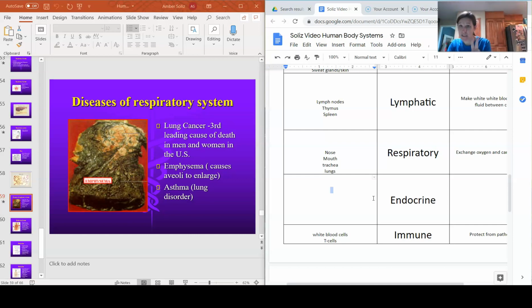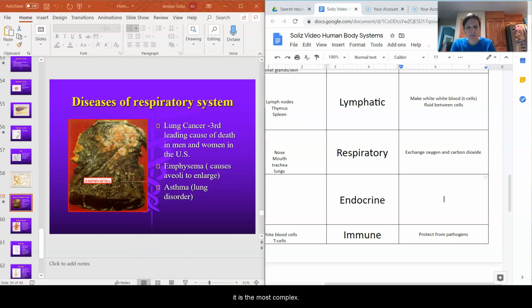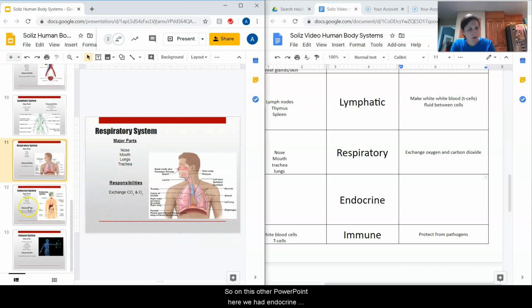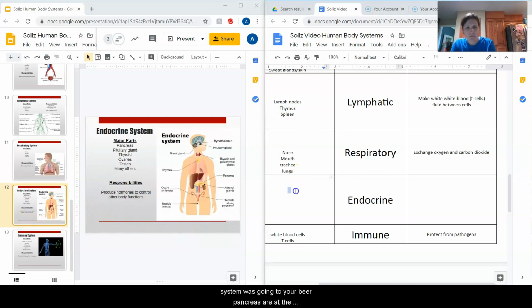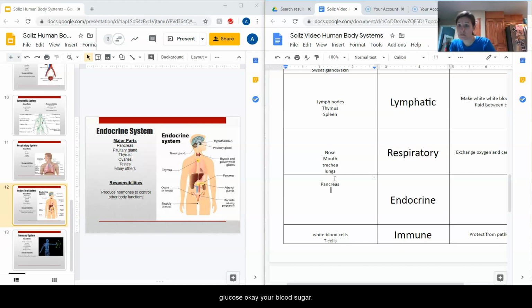Hormones and glands. So if you ever see the word hormones or glands, we're talking about the endocrine system. And the reason it's so hard is because it is the most complex. So on this other PowerPoint here, we had the endocrine system, which is going to be your pancreas. All right, the pancreas is a very large gland, and this one is going to produce the hormone insulin, and it breaks down your glucose, okay?